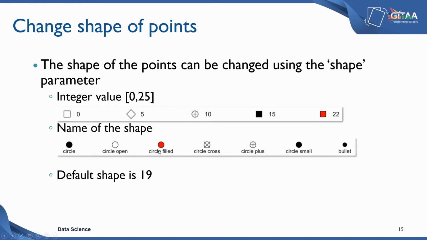So these are the various names that every shape has. Again, you can check the documentation on the website to know more on the naming convention or the integer values and the shapes to which they correspond. Like I said earlier, circle is the default shape, and in terms of integer, the default shape number is 19, which corresponds to a circle again.